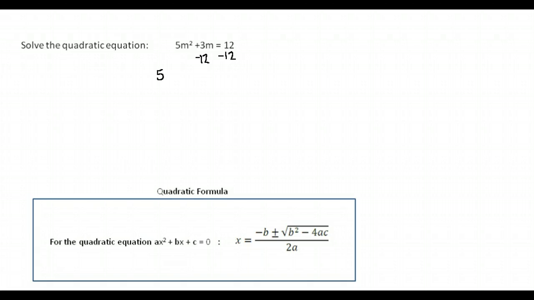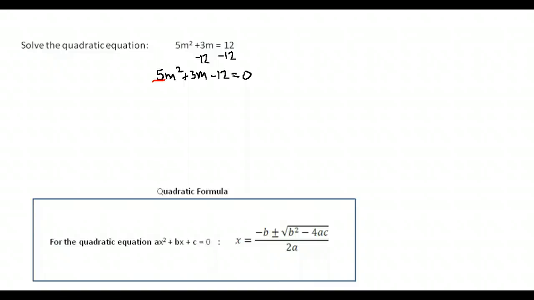So I'm going to subtract 12 from both sides, which gives me 5m squared plus 3m minus 12 equals 0. If I try to factor, I would take 5 times negative 12, which is negative 60. I would need factors of negative 60 that add to equal 3, and there just are not any. So I know I have to use the quadratic formula.